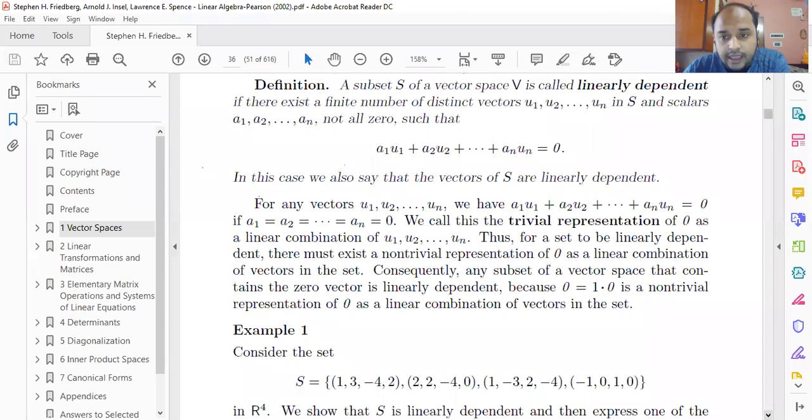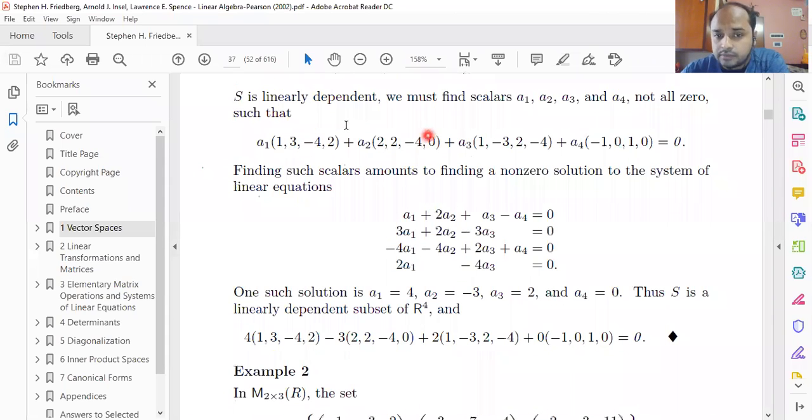Now, here they have considered another example where 4-tuples have been considered, and they tried to express the 0 vector in terms of these 4 vectors. So they considered 4 scalar coefficients A1, A2, A3, A4. And from this, they have deduced this equation.